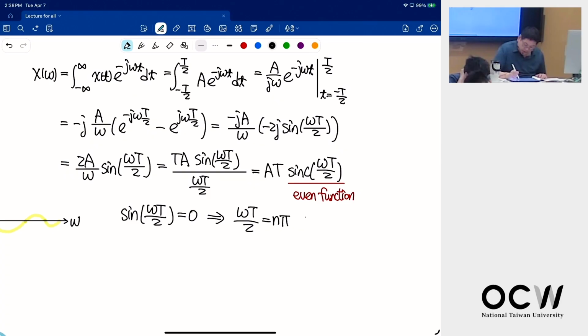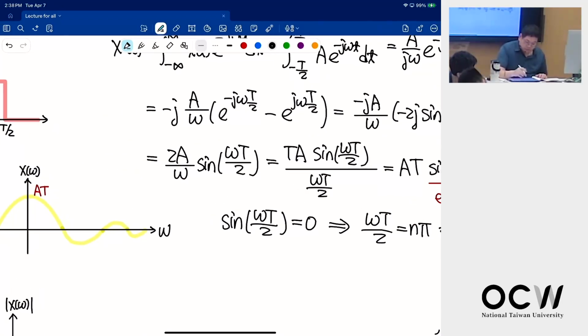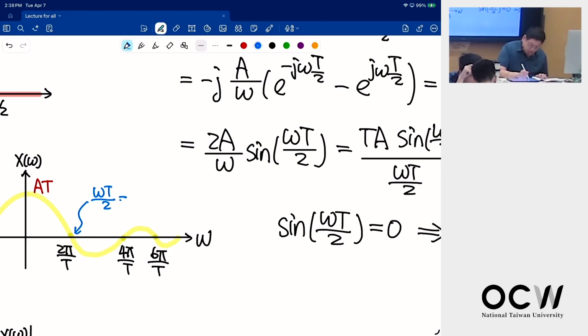So when omega equals 2 m pi over T, you get 0. So here we have 2 pi over T, and then 4 pi over T, 6 pi over T. Because at this point, omega T over 2 should be pi.